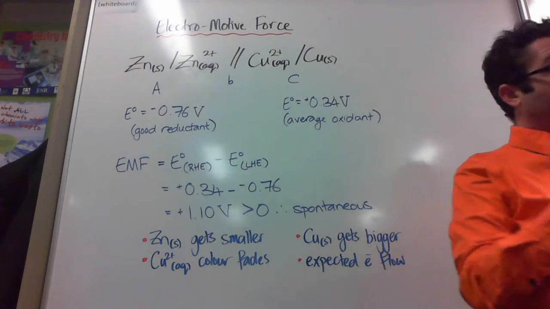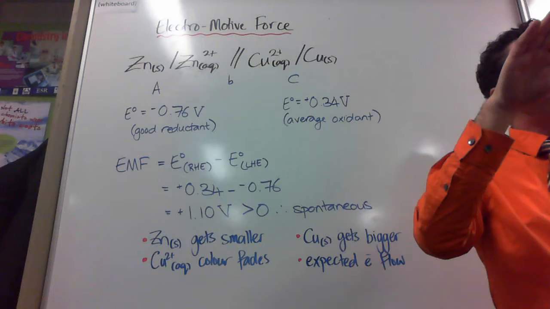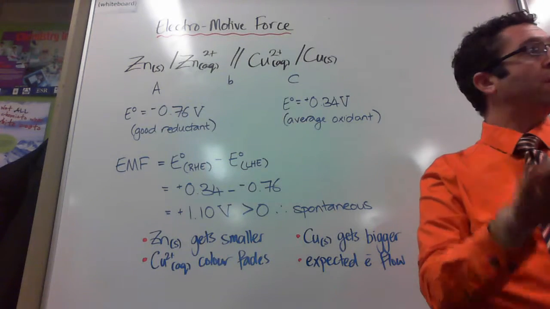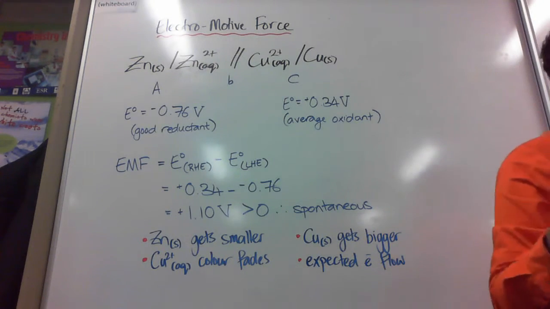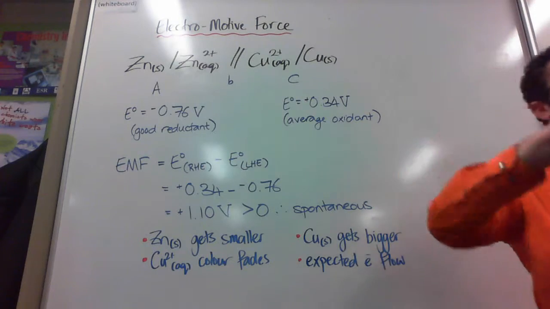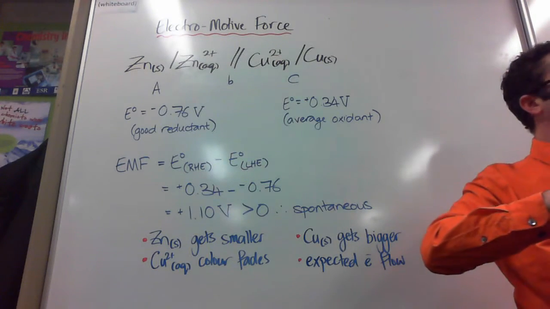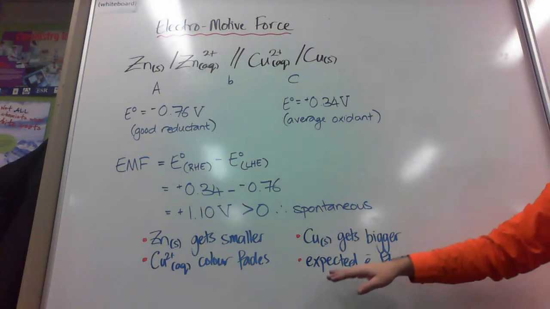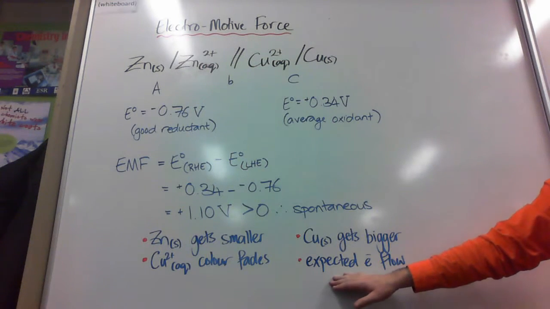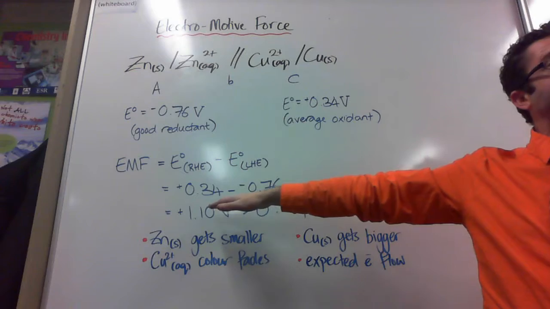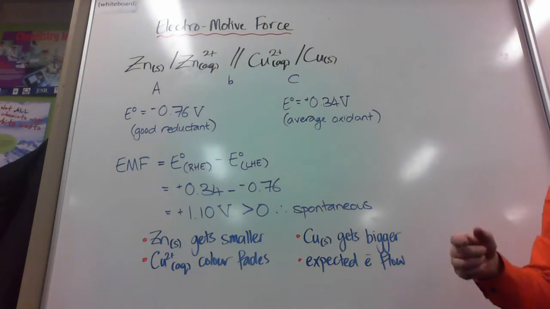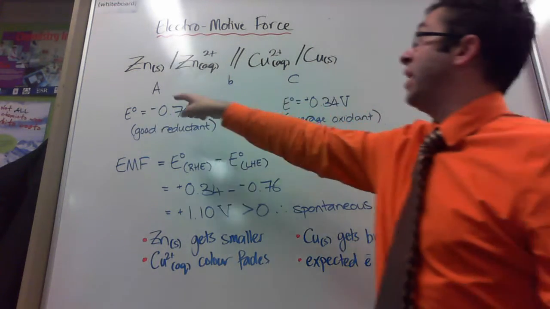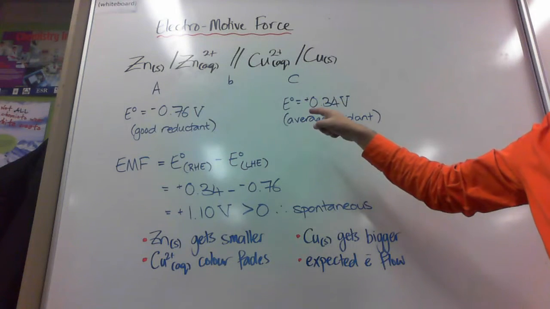The blue copper solution will fade in colour, as potassium ions from the salt bridge go across to complete the circuit. You wouldn't observe the electrons, apart from a positive voltage on your voltmeter, but they are flowing from anode to cathode.